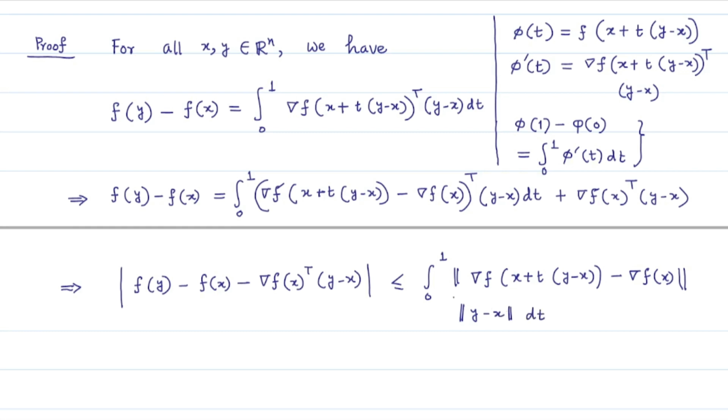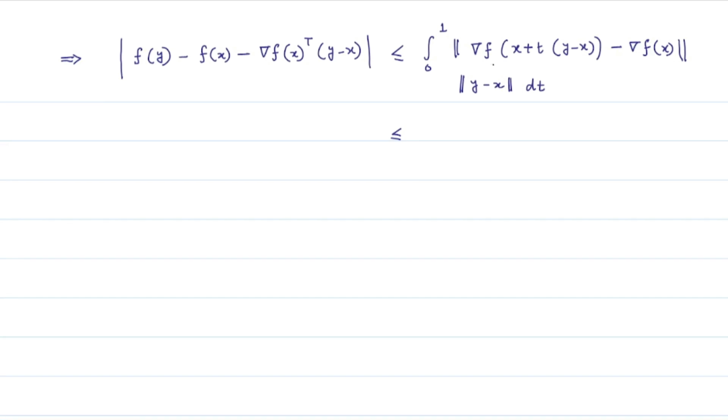This norm multiplication is inside this integration, which then on the right hand side gives us, as the gradient of f is Lipschitz with constant L, that the norm of this entire quantity is less than or equal to L times the norm of this vector minus x, and that gives norm of (y minus x), multiplied with norm of (y minus x), its square, integration 0 to 1, the rest outside factor t dt, which is equal to L by 2 norm of (y minus x) whole squared.